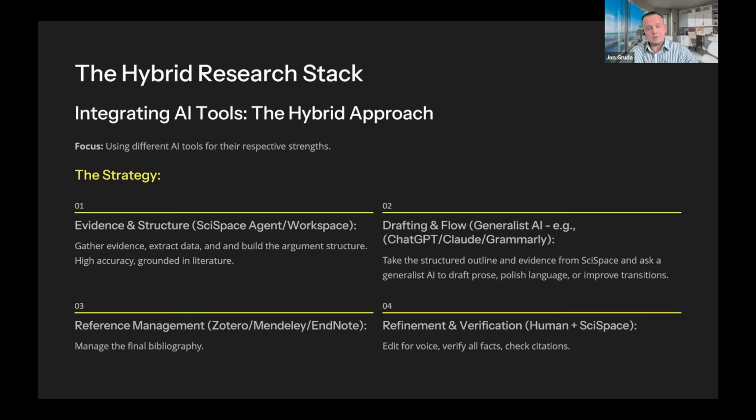So you take the structured outline of what you've just generated with SciSpace and all the evidence, so what it actually wrote, the output, and ask it to draft prose, to polish the language, to make it clearer, make it easier to understand, and to improve transitions. So this is what I was saying, and you can use prompts like, make sure that each paragraph builds on the previous paragraph, so that the argument flows from one paragraph to the next.